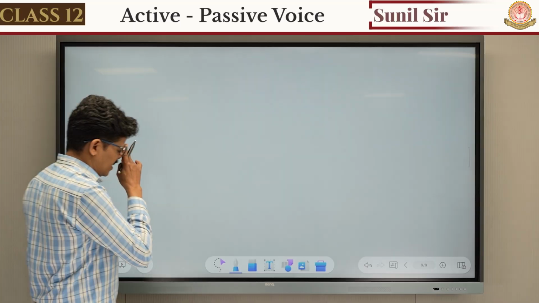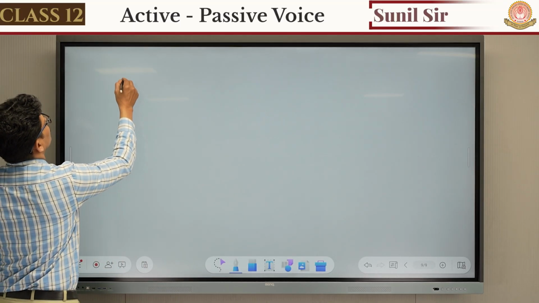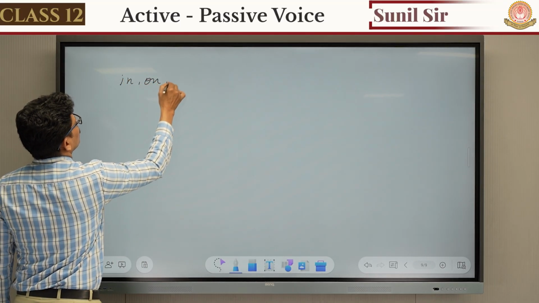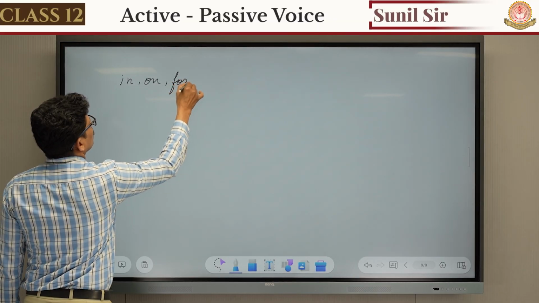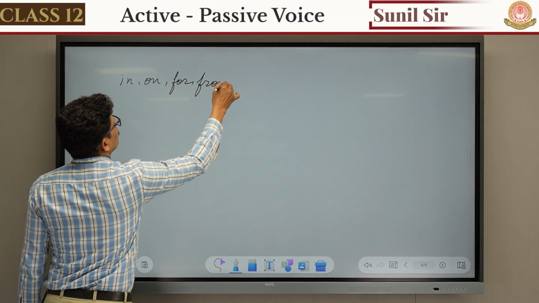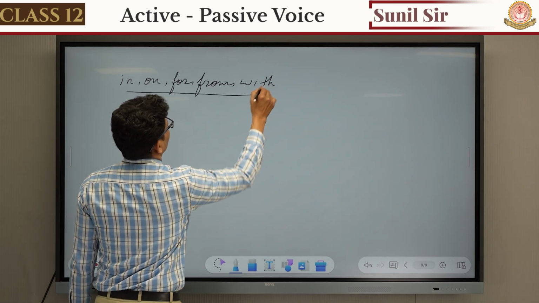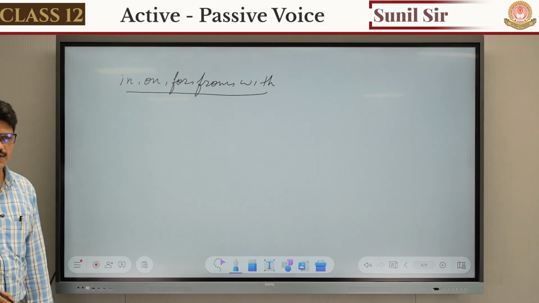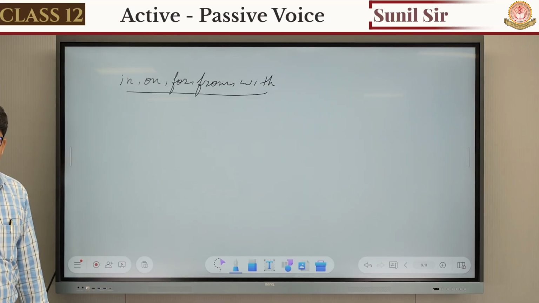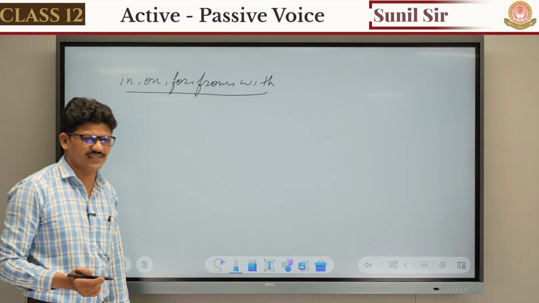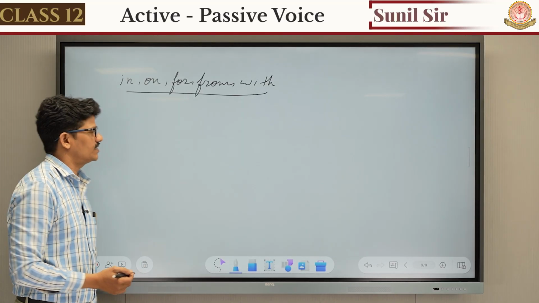Now let's see the third formula. That is, if there is in, on, for, from, with. When these words are there in a sentence, and you want to change the same sentence into passive voice, how do we change it?